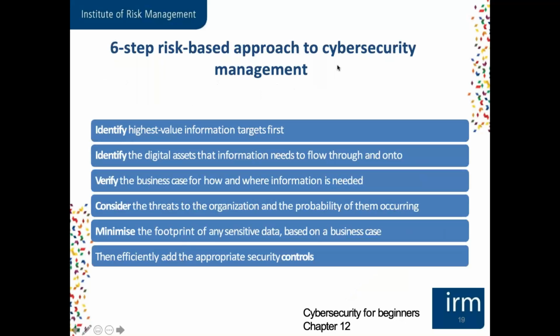Here I've set out for you the 6-step risk-based approach to cybersecurity management. Again, many details to supplement these descriptions in the materials, but just to take you through to identify the highest value information targets first, and of course prioritize the protection that's given to those, and verify the business case for how and where the key information is needed, all the way through to considering the threats as a whole, the threatscape, and minimizing the footprint of any sensitive data.